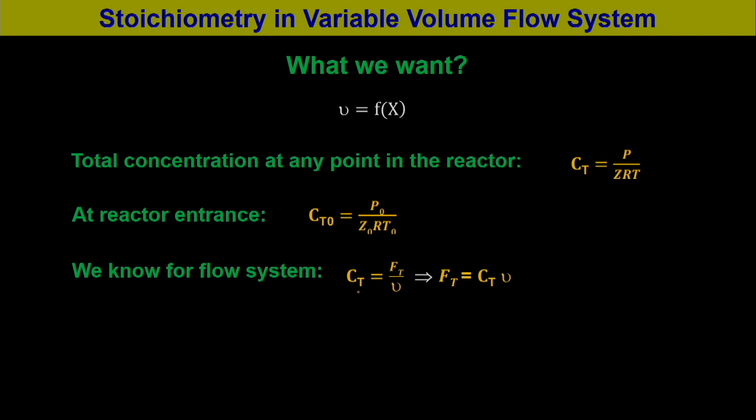So, CT can be written as FT by v. So, from here we can write FT would be equal to CT v. Now, for CT naught we can write FT naught by v naught. v naught is the volumetric flow rate at the reactor entrance, and from here we can write FT naught would be equal to CT naught into v naught.